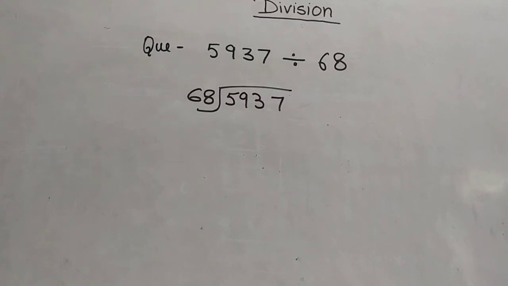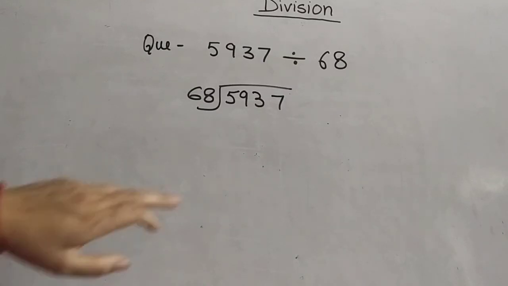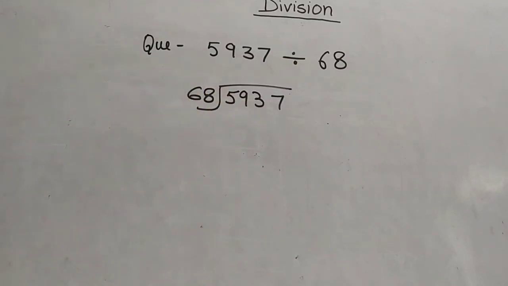Since we do not know the multiplication table of 68, we'll do the mental calculation. We take only 6 from 68 and 59 from 593. So 59 divided by 6, 6 nines are 54. So let's try 9 as quotient, and a rough calculation is required here. 68 into 9 we have to find out.